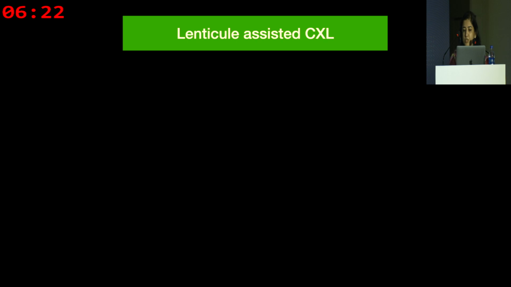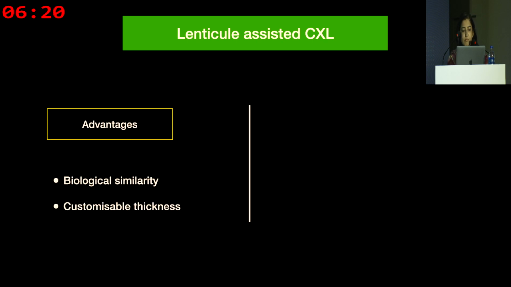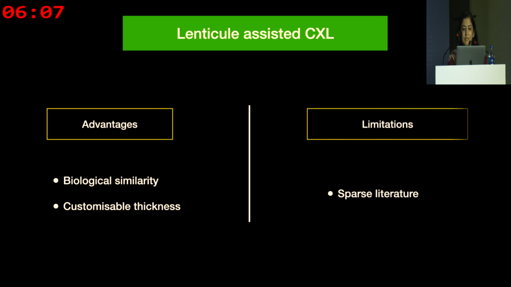The advantage being that it is a biologically similar tissue to the corneal stroma, and we can customize the thickness. So the lenticule thickness you can take according to the stromal thickness that you're going to get after you debride the epithelium. The disadvantage being that literature is still sparse, and we need some more prospective trials to show what are the success and failure rates of this particular technique.